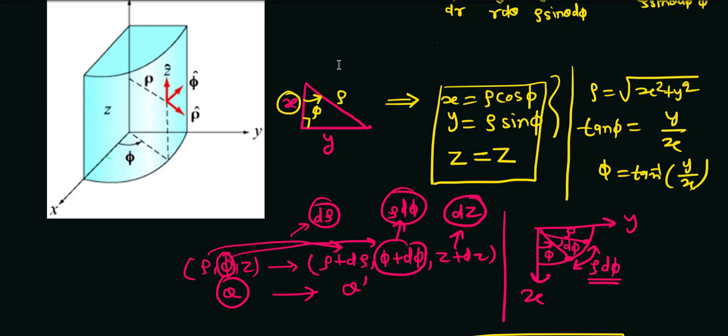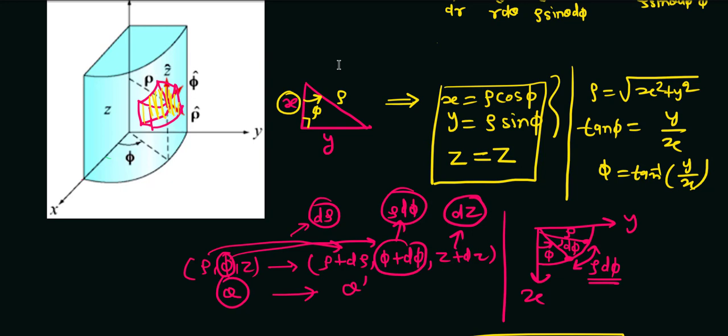If you take any small volume in this cylindrical coordinate system, let's say the small volume element is given by this. I am just drawing it randomly, so forgive me for the bad quality of drawing. This kind of shape would be the volume element.